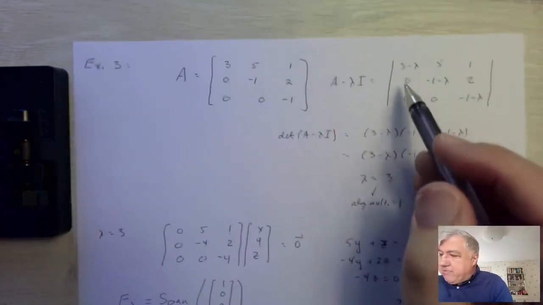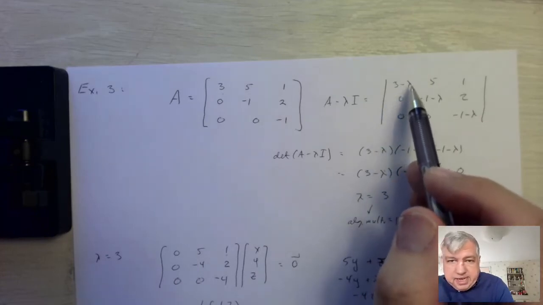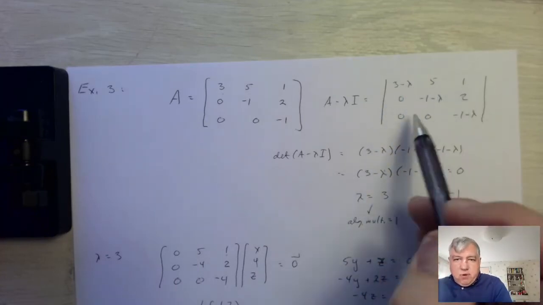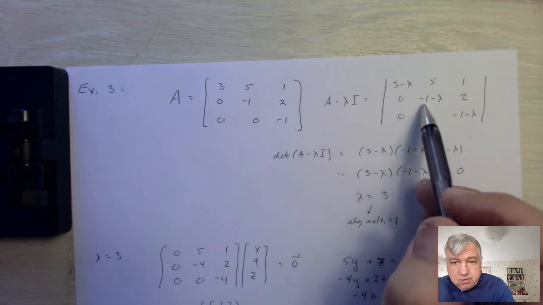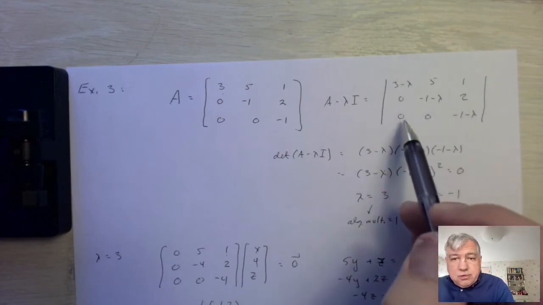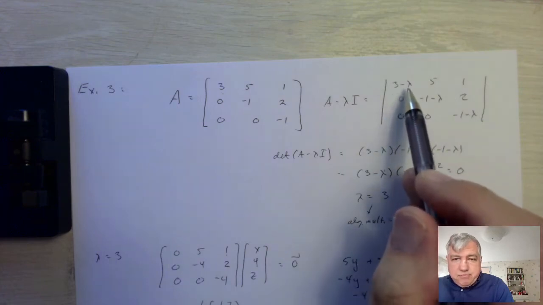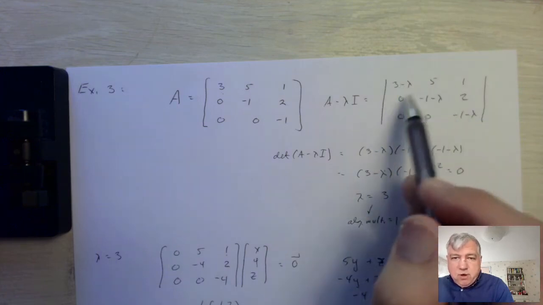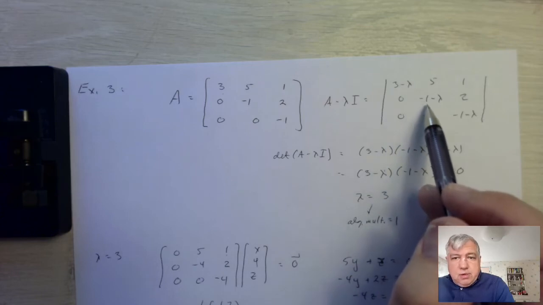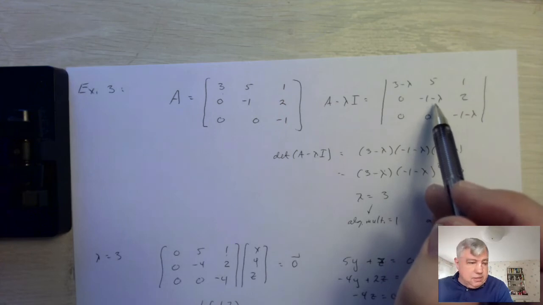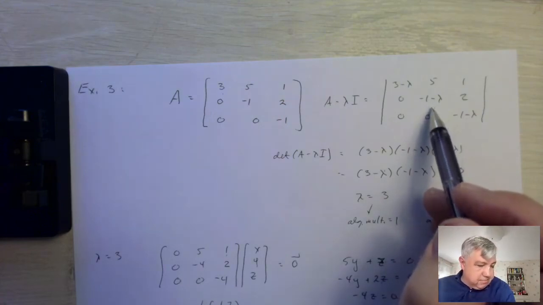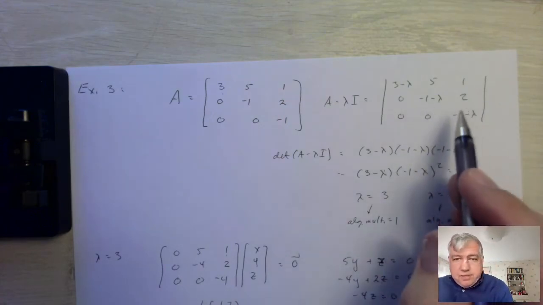Now let's see what happens for negative 1. We plug negative 1 in here. 3 minus negative 1, that's 4. Then 0, negative 1 minus negative 1, that's 0, and the last entry will be 0 as well.